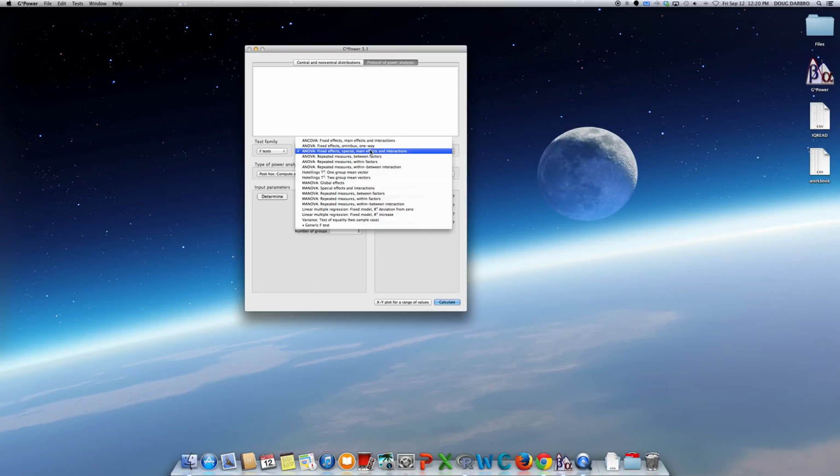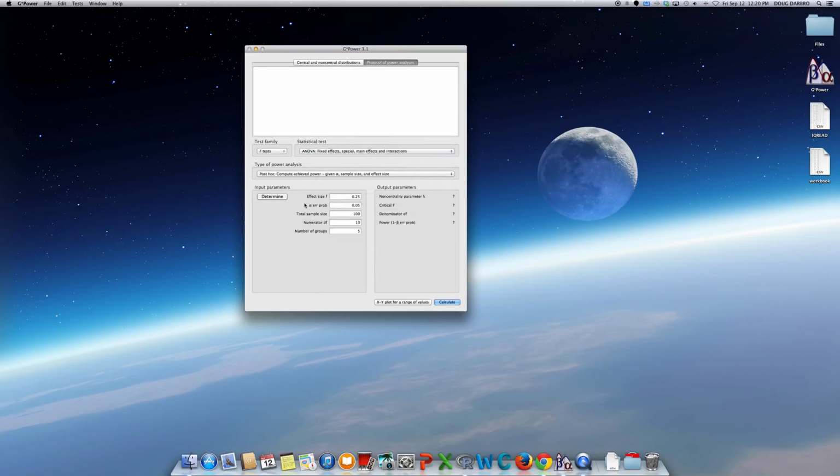So actually I had what I needed. Now when I come down here, for my effect size for the interaction, it's kind of cool that if you put your cursor over there, it'll give you the thresholds for small, medium, large using Cohen's F. The effect size that we have is 0.32.